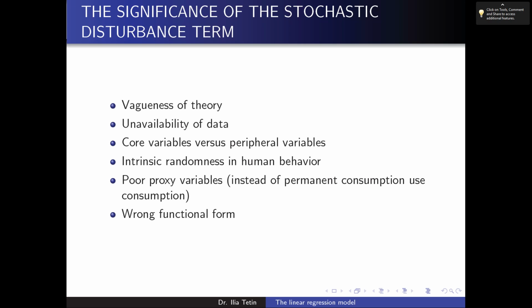All right, poor proxy variables, and here's the example inside the brackets. Instead of permanent consumption, we use consumption. Instead of permanent income, we use income, and so on. Sometimes we don't know the actual value, or this value is not measurable in economics, in macroeconomics, so we stick with what we have. All right, and of course, wrong functional form.